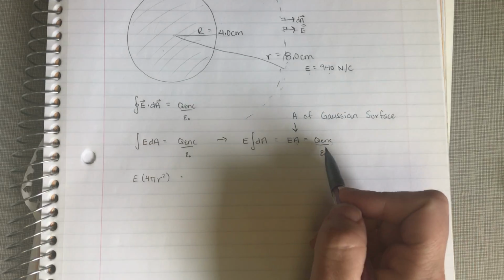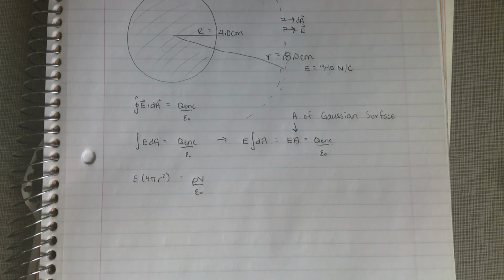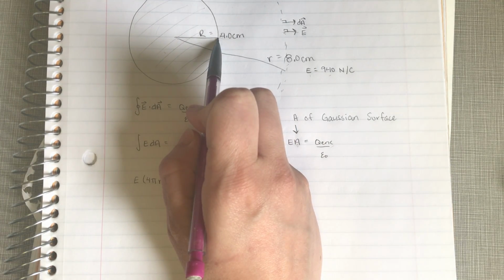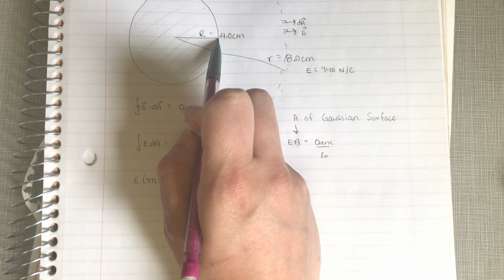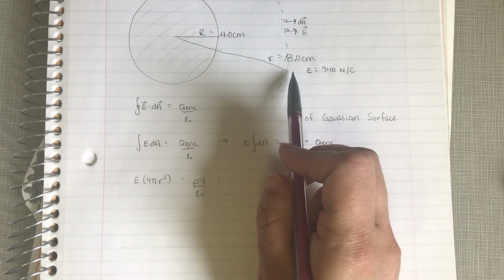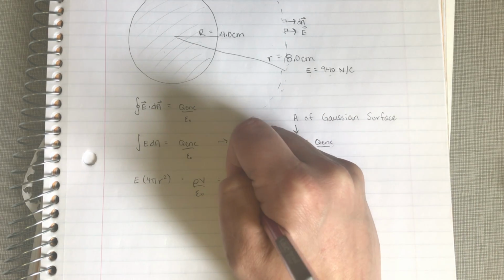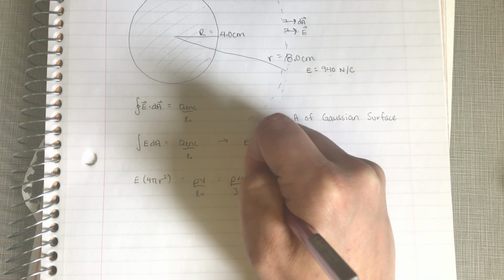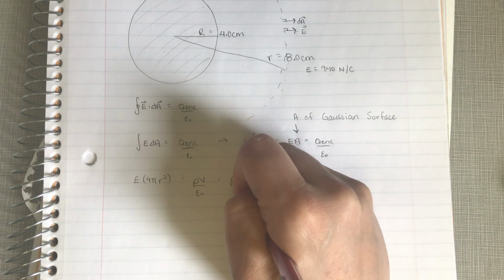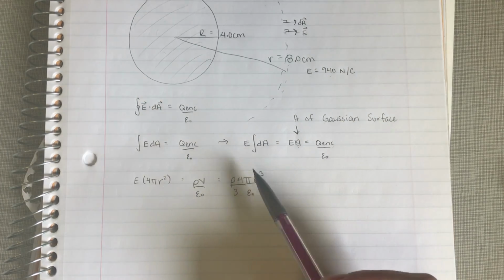Just like last time, Q enclosed is density times volume, but this time the volume of charge enclosed only goes out to 4 centimeters. It does not enclose the entire 8 centimeter sphere. So that's 4/3 pi big R cubed over epsilon naught.